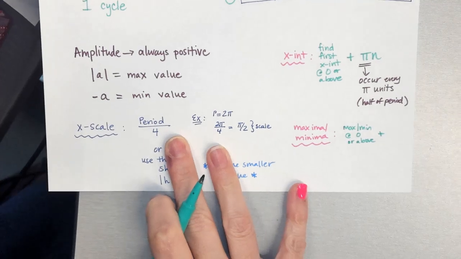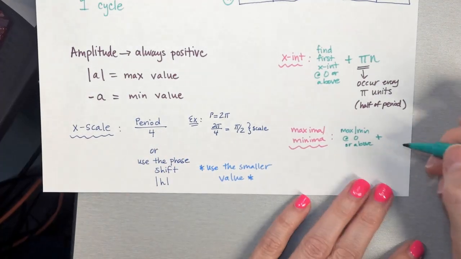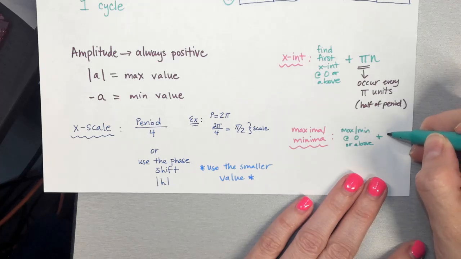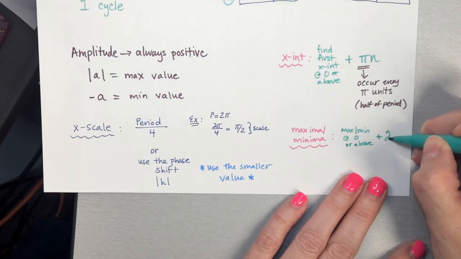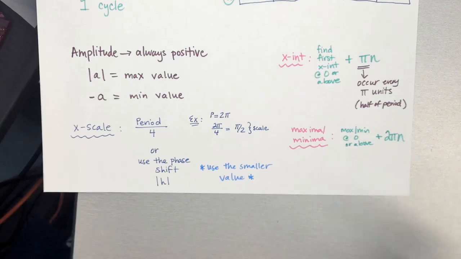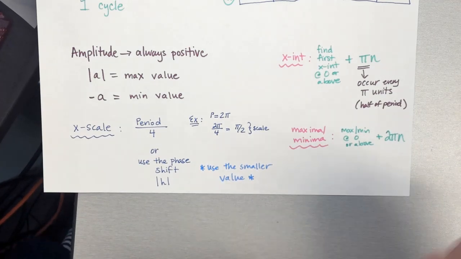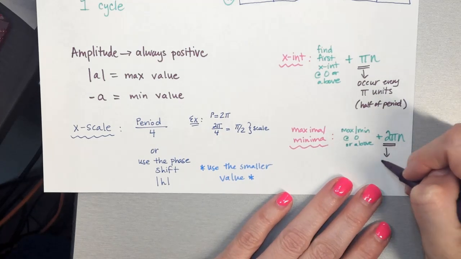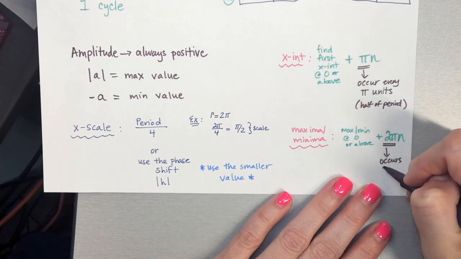Do you guys know what it was? Found a guess though. 2 pi n. Because remember when we were finding the period, we went from max to max, because this was our period. So it occurs every period.